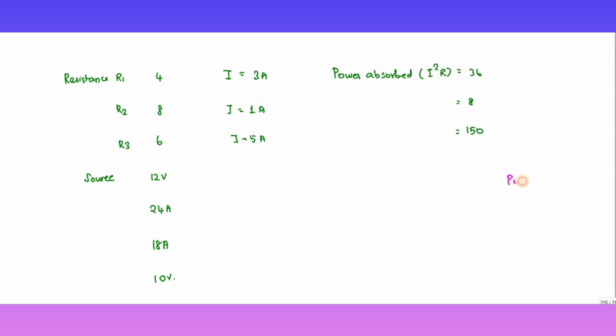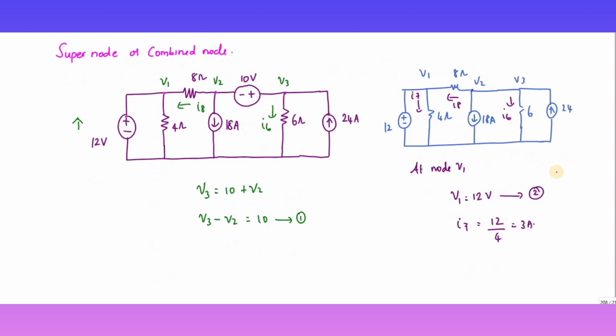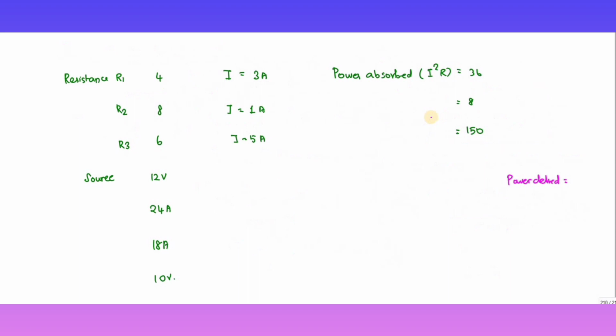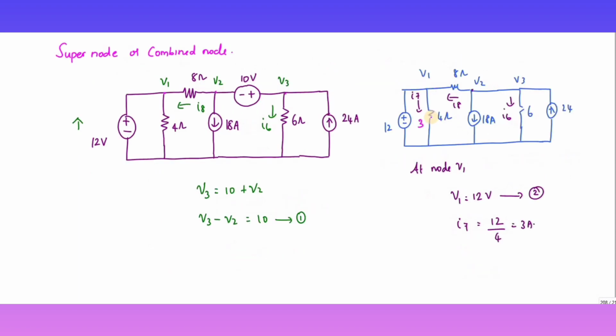So the power delivered by the sources: if the current flowing through the 4 ohm, that is I7, is 3, and I8 value is 1, then the current flowing through this one is 2.